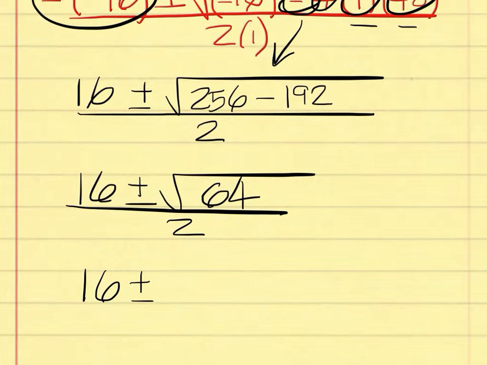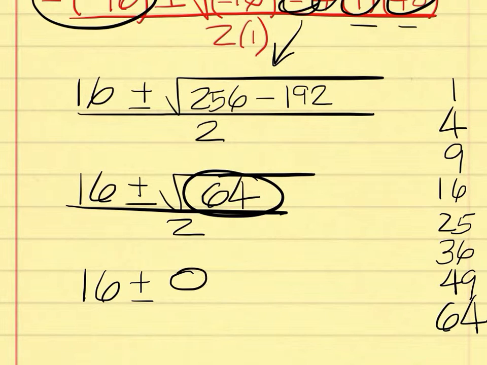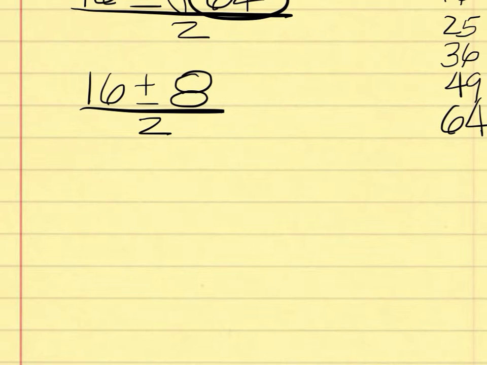64 is a perfect square because at this point you should know the perfect squares, which are 1, 4, 9, 16, 25, 36, 49, and then there is 64 in the list. You should know these by now up to 100. The square root of 64 is 8. And now you have two problems to do.